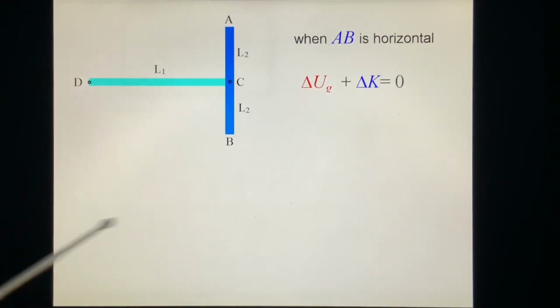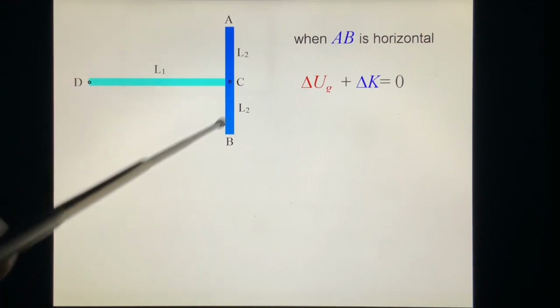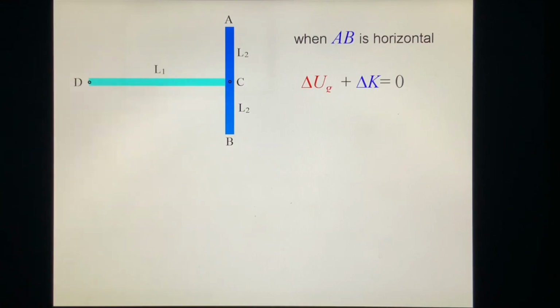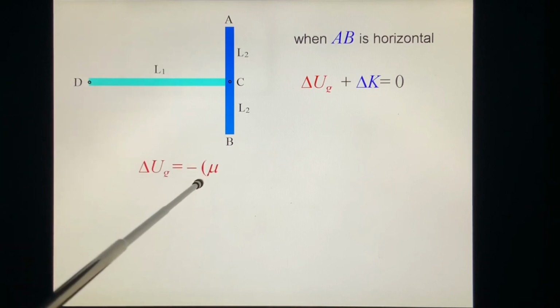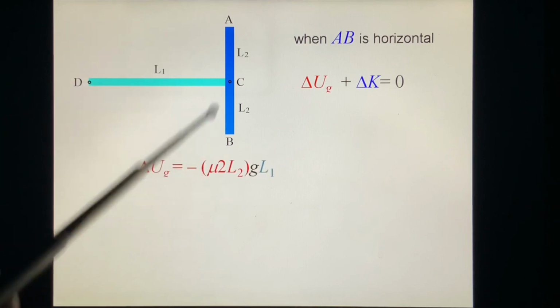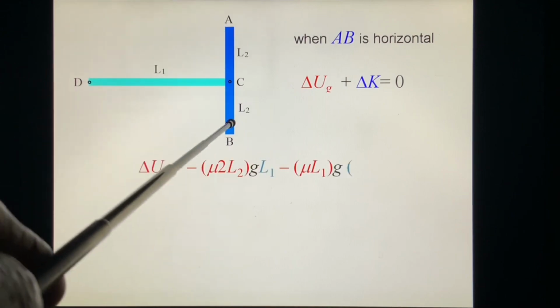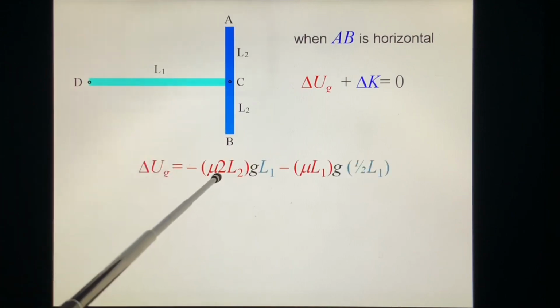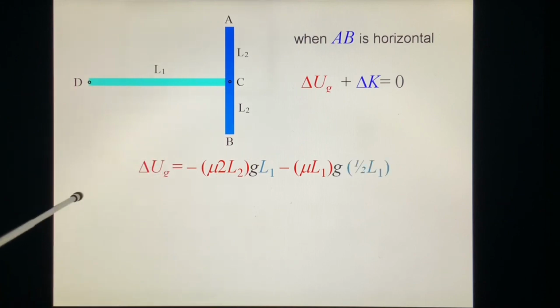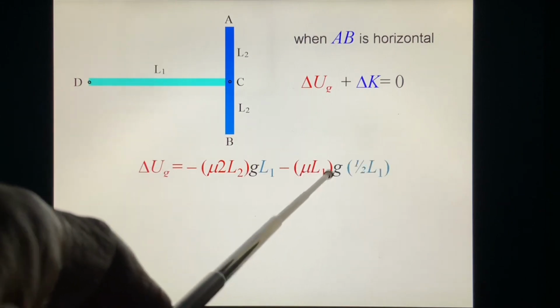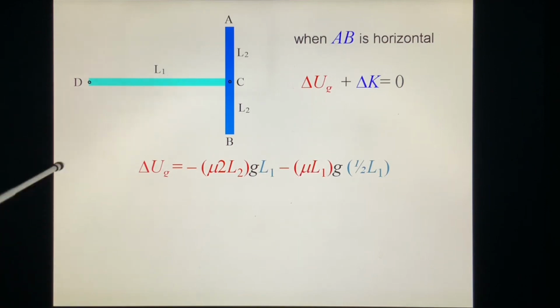For the AB part, the center of mass goes down L1. For the CD rod, the center of mass goes down half L1. So this is minus 2L2 mu g times L1, and this one is mu L1 as mass, times g times half L1.